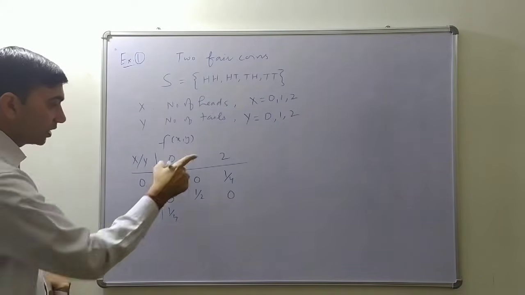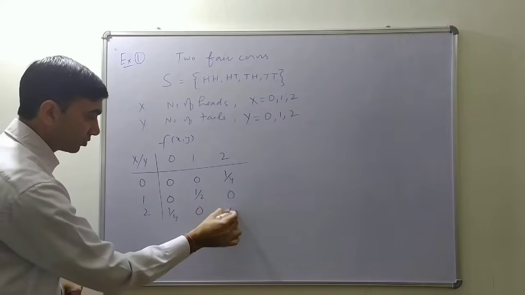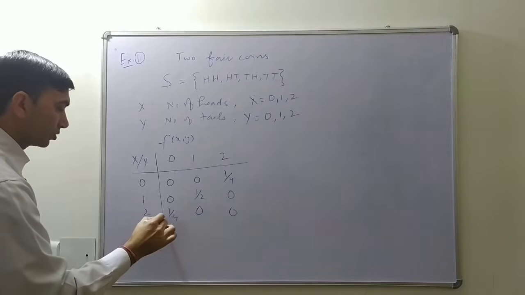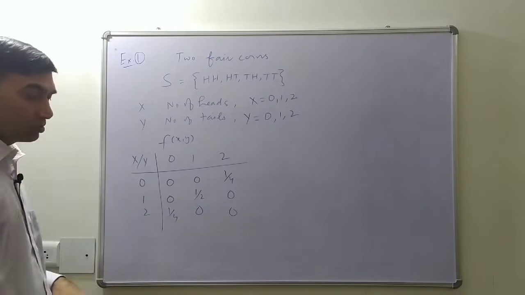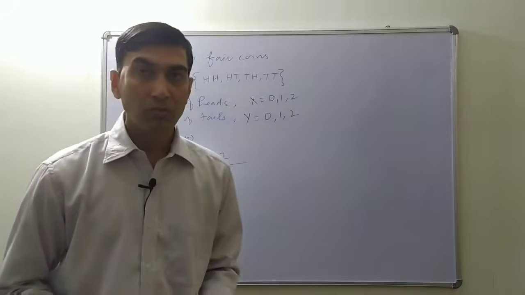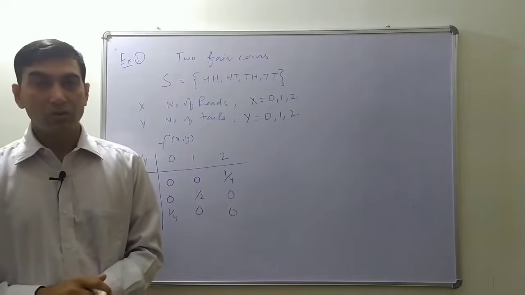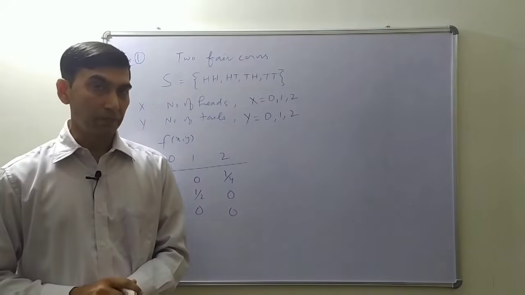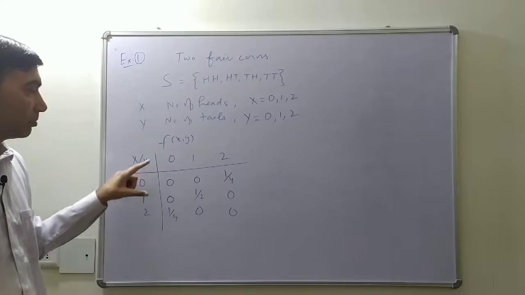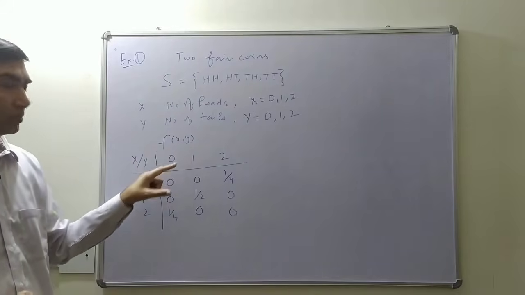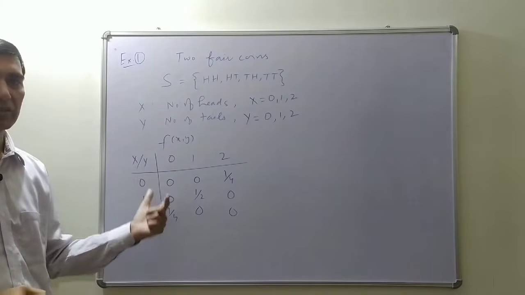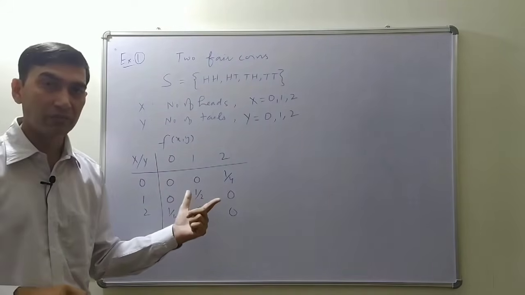Probability of getting 2 heads, 1 tail, 0, 0. So this table gives you probability of all values of x, y. So this table represents your f(x,y) because all possible values of x, y are given and their corresponding probabilities are given.